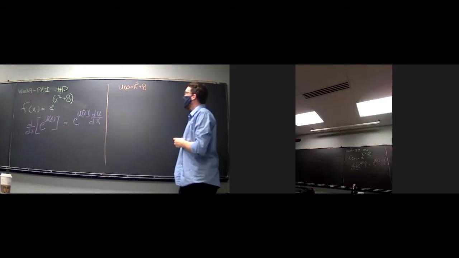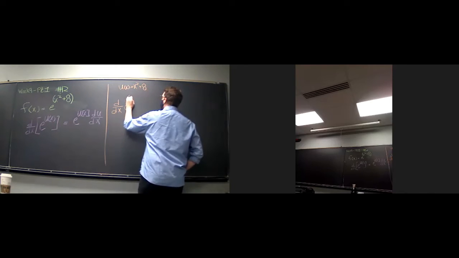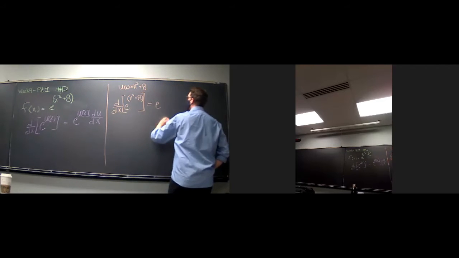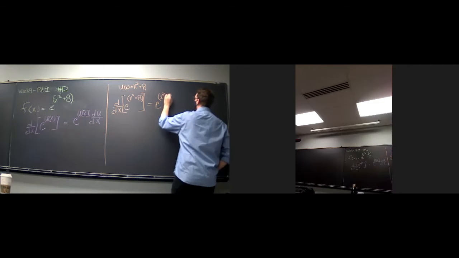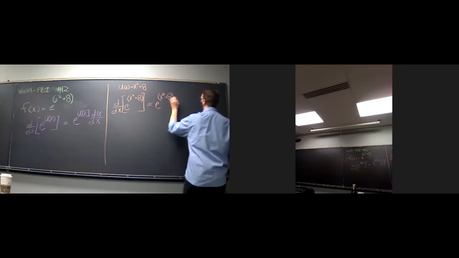So when we find the derivative of this, it's going to be helpful to note that here, x squared plus 8 is playing the role of u. So when we take the derivative of e raised to the x squared plus 8, this is going to come out to be e raised to x squared plus 8 times the derivative of that exponent.